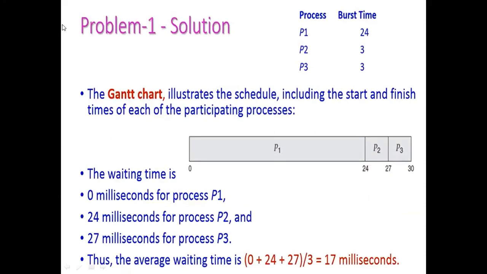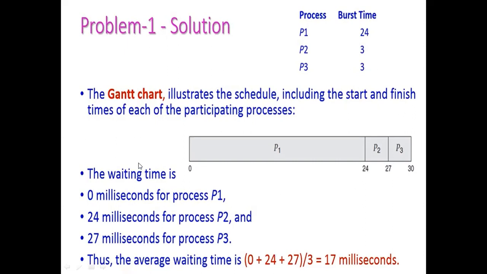The problem is solved with the help of the Gantt chart. Here you can see 3 processes P1, P2, P3. The waiting time for process P1 is 0, the waiting time for process P2 is 24 milliseconds, and the waiting time for process P3 is 27 milliseconds.